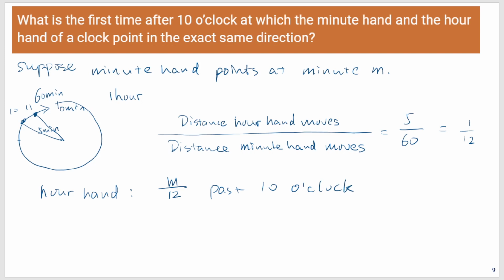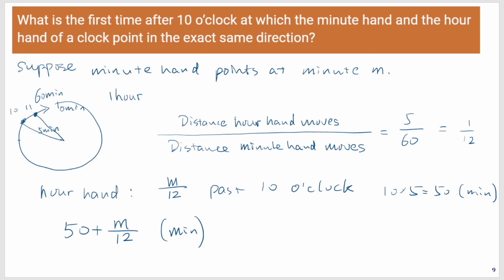Since 10 o'clock is at 10 times 5 equals 50 minutes on the clock, m minutes after 10 o'clock, the hour hand points at 50 plus m over 12 minutes, right?